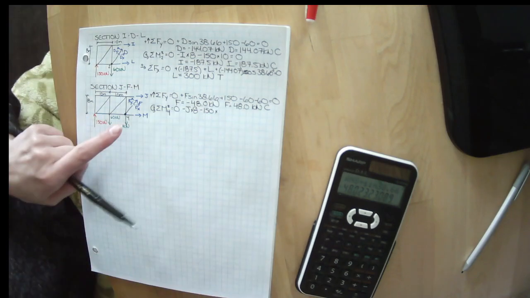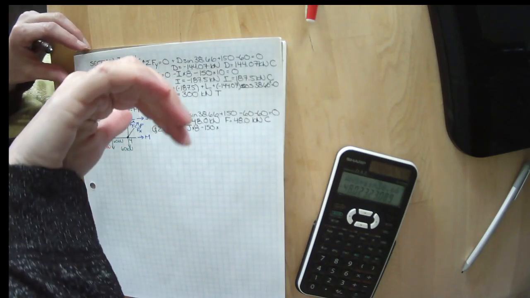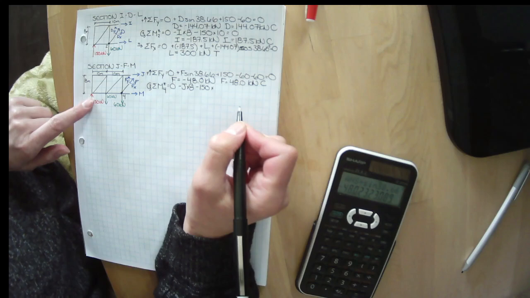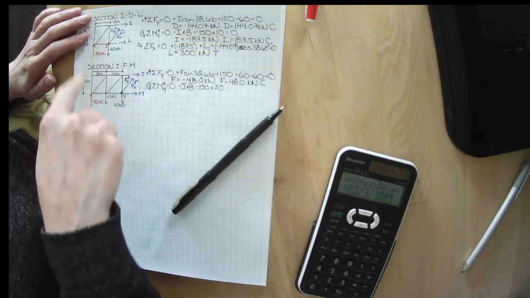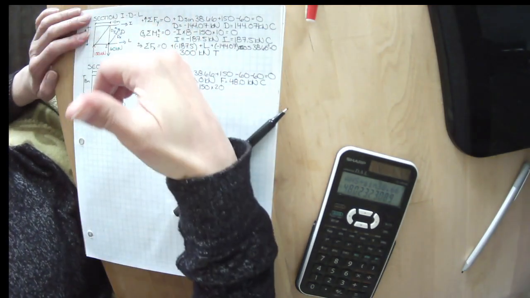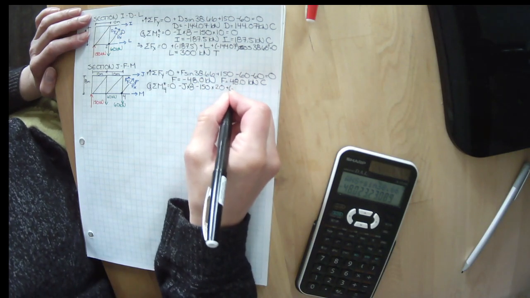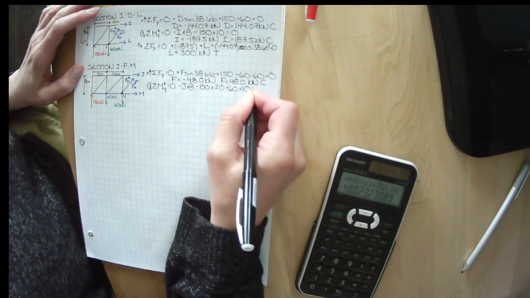So the 150 is trying to spin it in that direction. If I curl my finger in that direction, my thumb points into the page. So it's minus 150 times 20. And then 60 kilonewtons is trying to spin it that way. Curling my fingers like this, my thumb comes up out of the page, which is plus 60 times 10.